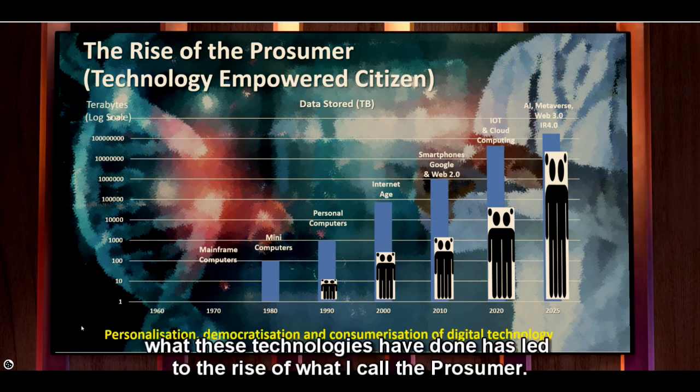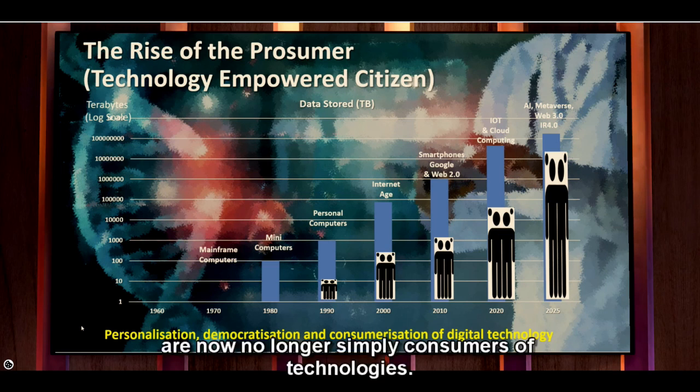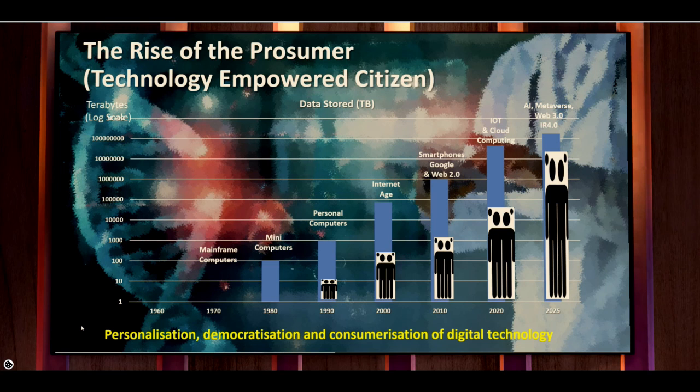And what these technologies have done has led to the rise of what I call the prosumer, the technology-empowered citizen. So people are now no longer simply consumers of technologies. They can use technology to be creative producers.